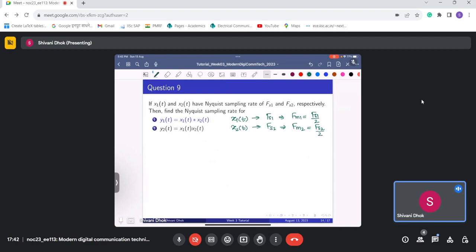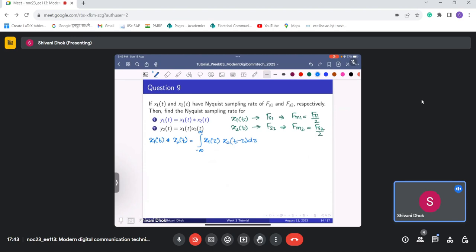Now what we need to do is find the Nyquist sampling rate for y1(t), which is x1(t) convolved with x2(t). Just to recall this convolution operation, x1(t) convolved with x2(t) is simply the integral from minus infinity to infinity of x1(tau) x2(t minus tau) d tau.